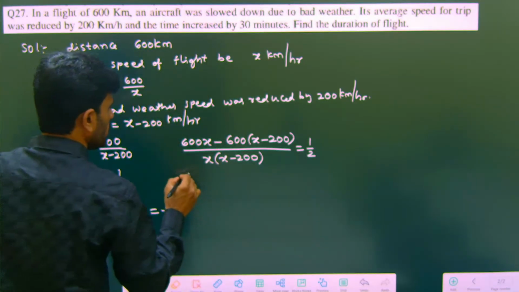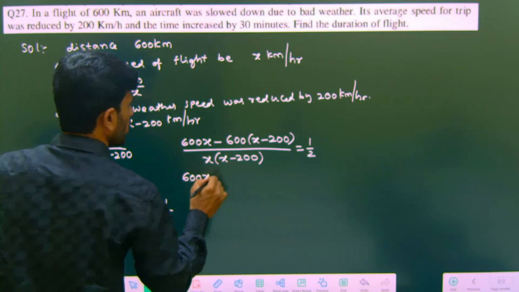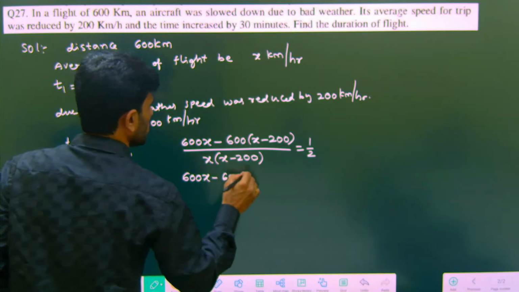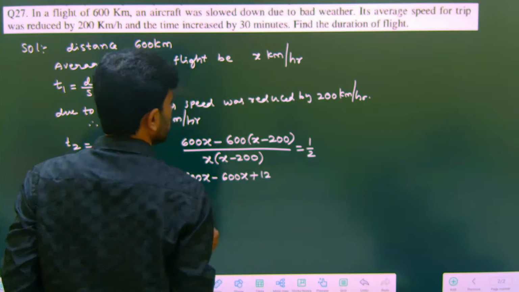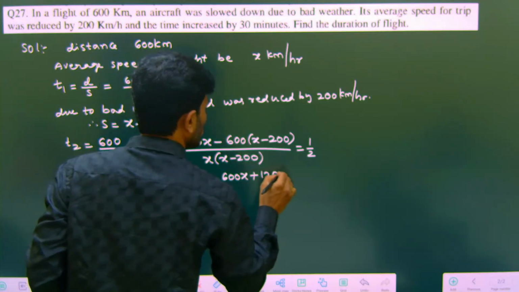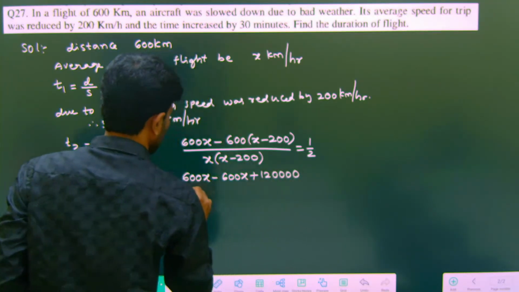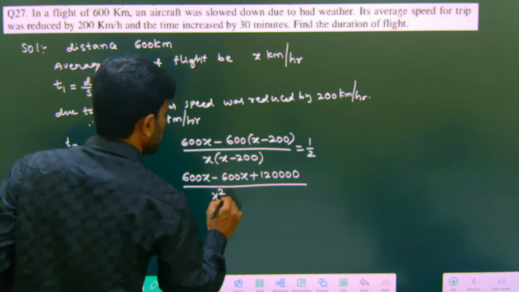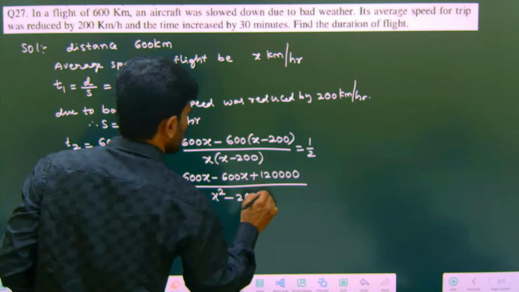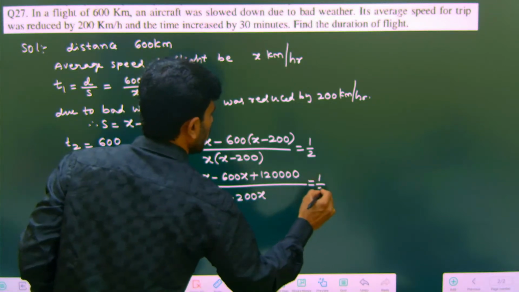We simplify further. It is 600x minus 600x plus 6 into 10 to the power 4, that is 6 followed by four zeros, divided by x squared minus 200x is equal to 1 by 2.